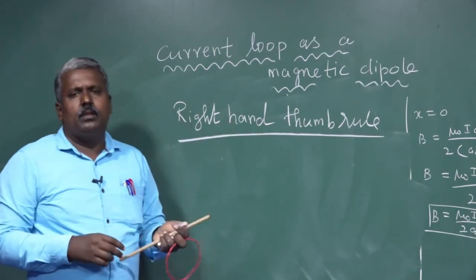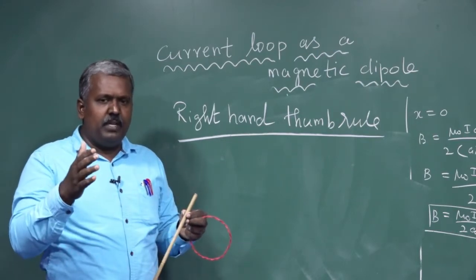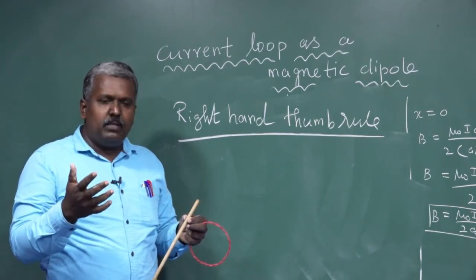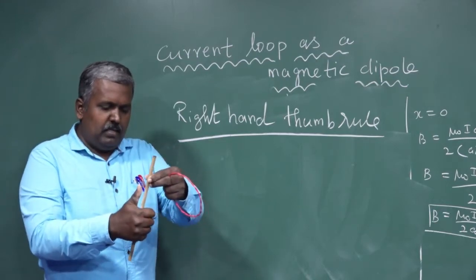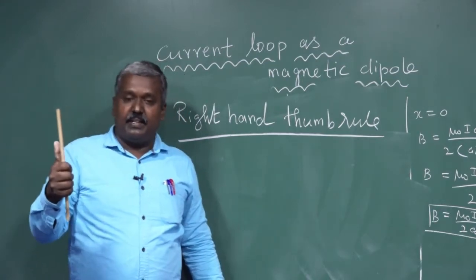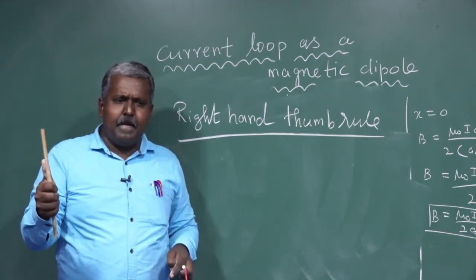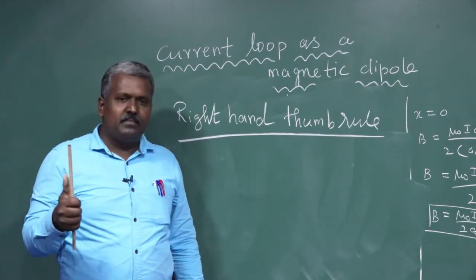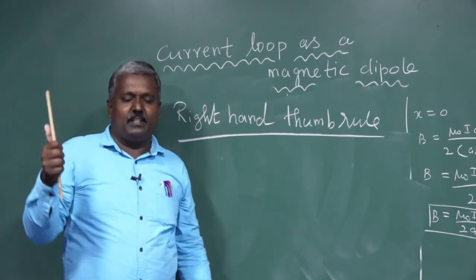How? While using the right hand thumb rule to find the direction of the magnetic field around a current carrying conductor, does this finger denote the magnetic field? No, you are wrong. This finger denotes the direction of the current flowing through the conductor.